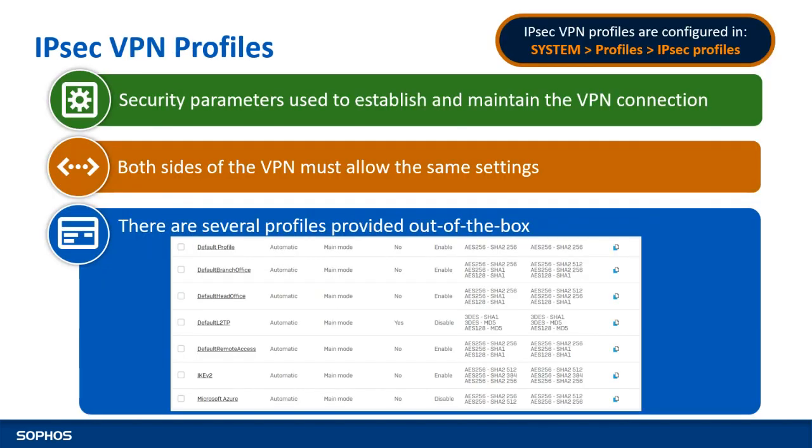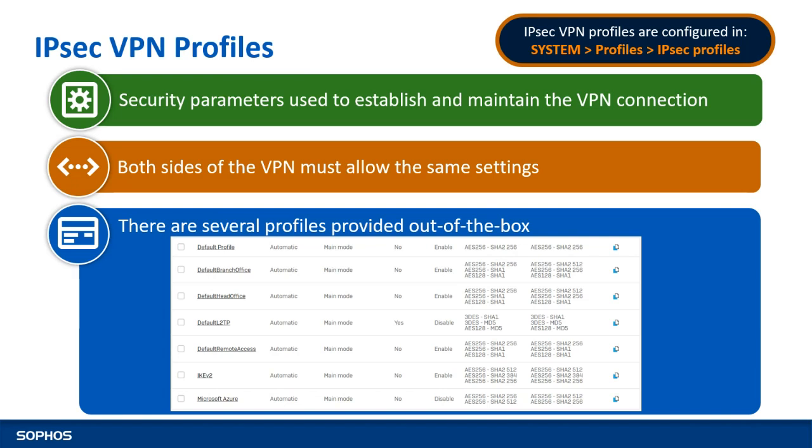Here, you will see some important information about the requirements. IPsec VPNs require a matching set of algorithms and settings on both ends for a tunnel to be successfully created. On the firewall, these are configured in IPsec profiles.